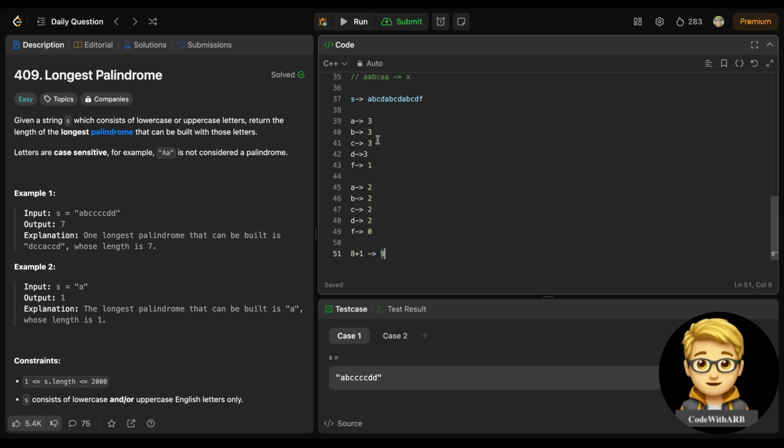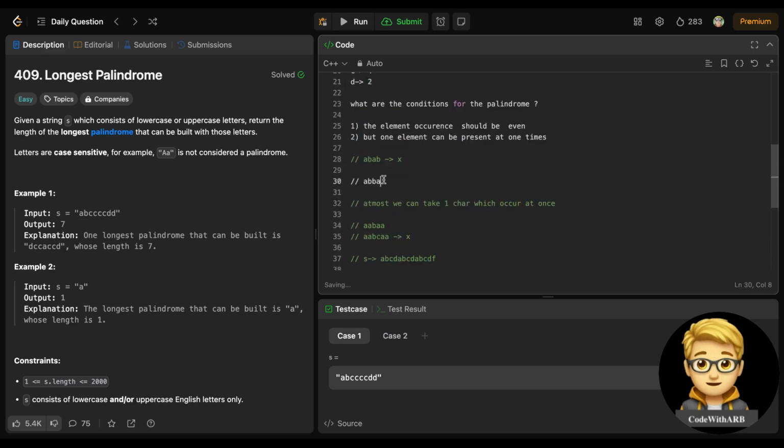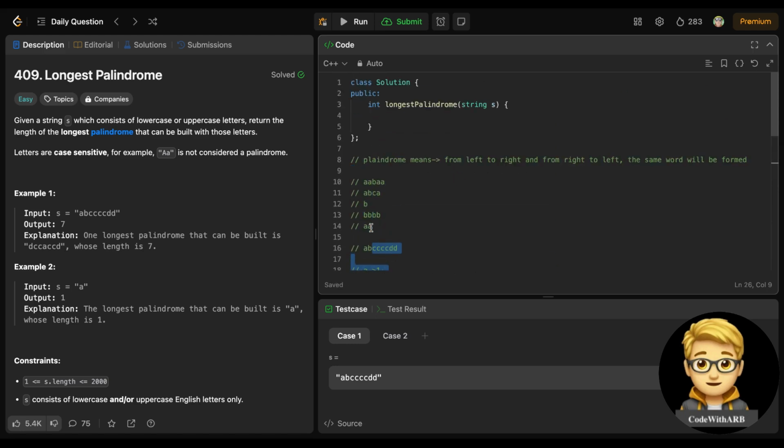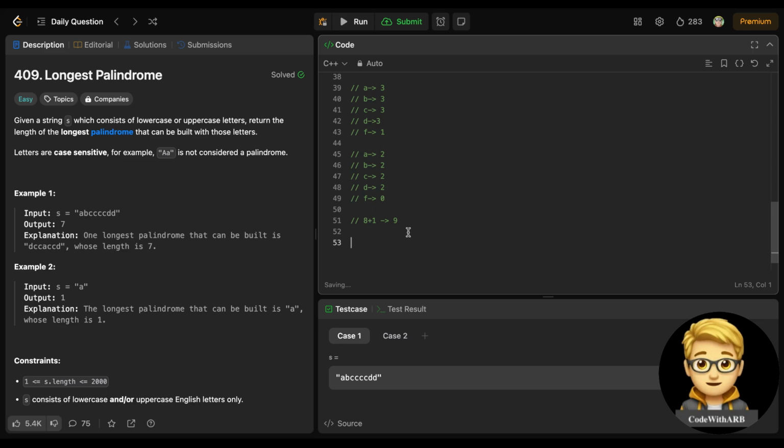Suppose this all occurs an even number of times. After taking all, we don't have any left characters, so I will not add one after that, right? Ultimately, it's just to know how to form a palindrome, which is why it is an easy problem.